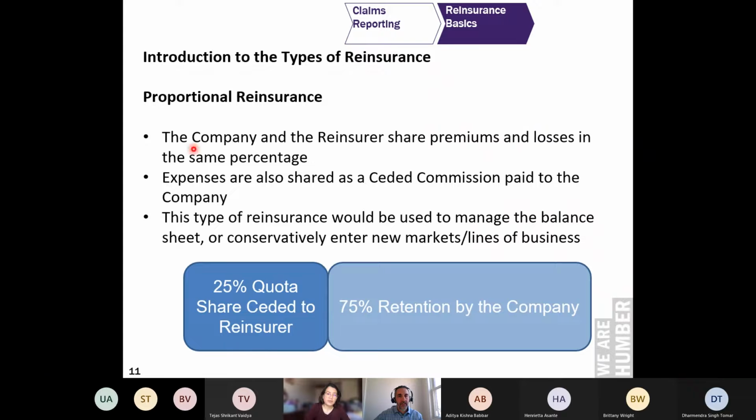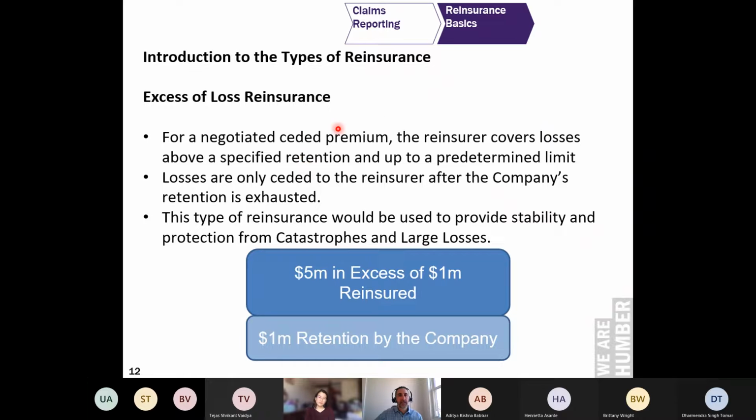In this case, you could see it, the premiums are shared in the same percentage. In this case, it's just a negotiated premium. So the reinsurance broker and the reinsurer will look at the risks under the contract and come up with a premium that they want.